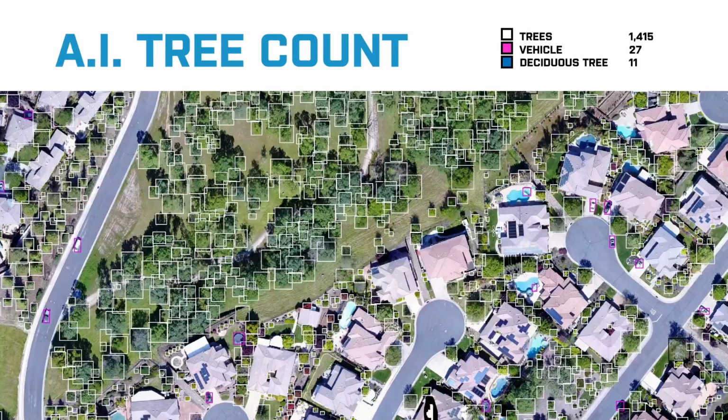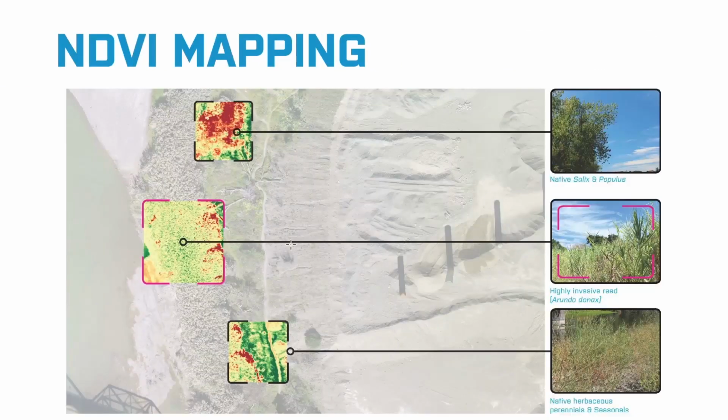It's in development now, and I used it on a site, and I was able to count in this area roughly 1,400 trees, and there's 11 deciduous. So in this example, you'd be able to pick out where these dead trees are, maybe remove them, replace them, and then maybe find infestations, stuff like that. So this is a really useful tool, and it's exciting to see what the future holds for artificial intelligence, especially in our field.